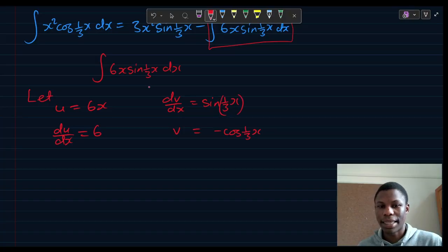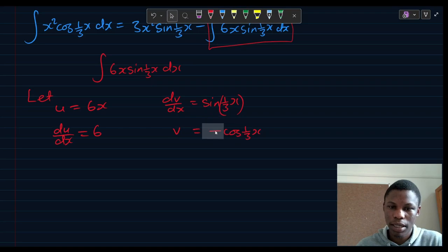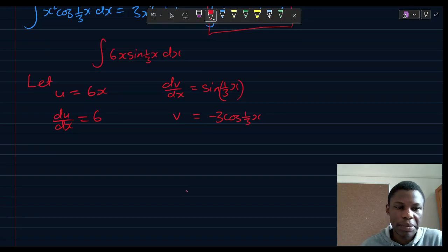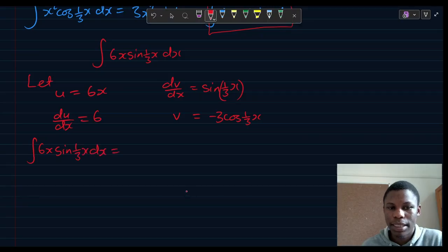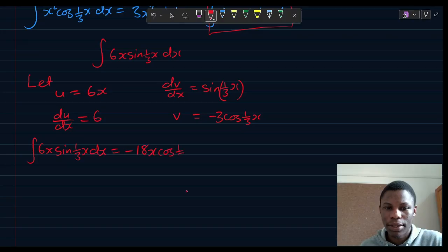Differentiate the inner function, that's 1/3. Dividing by 1/3 is the same as multiplying by 3. So you multiply by 3. And so this means that the integral of 6x sine 1/3 x with respect to x is equal to uv, which is 6x times negative 3 cos 1/3 x, which is negative 18x cos 1/3 x, minus the integral of v du, which is the integral of negative.